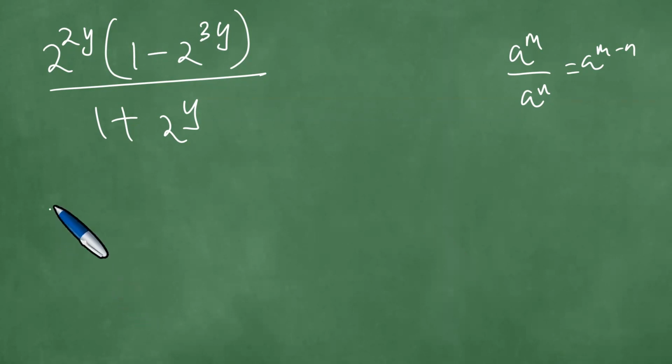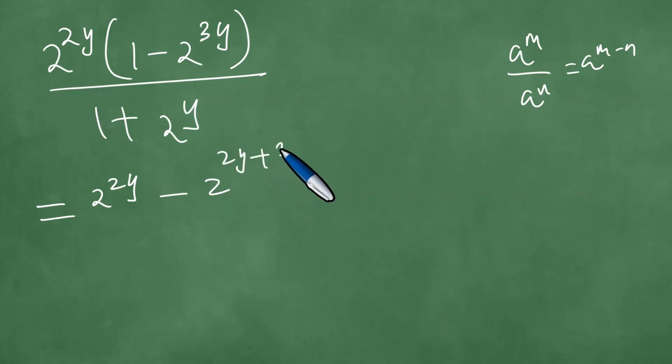For example, you can write 2 to the power 2y. Here you can write 2y plus 3y, because you're multiplying these, so you add the powers.